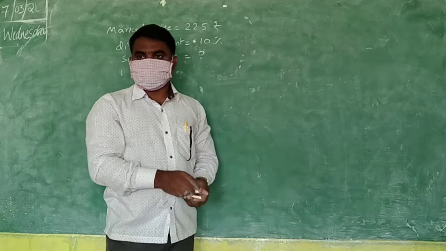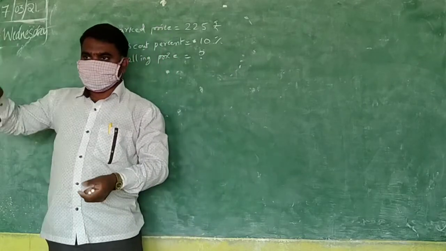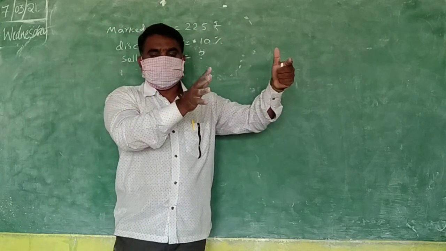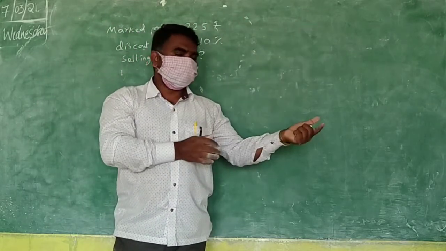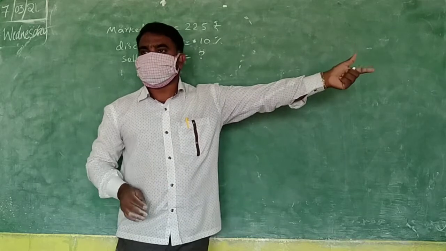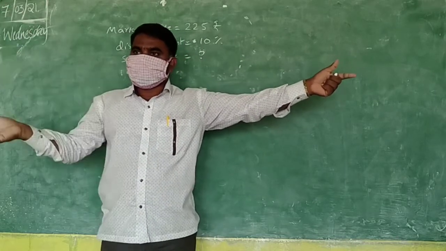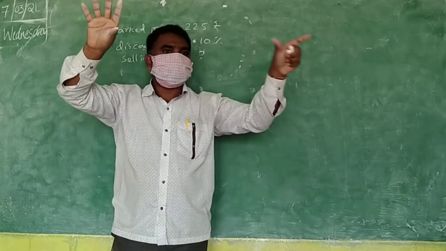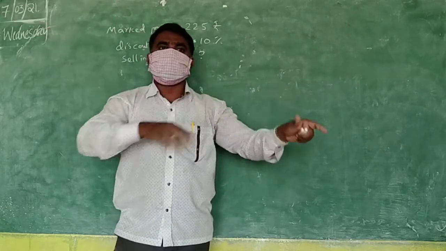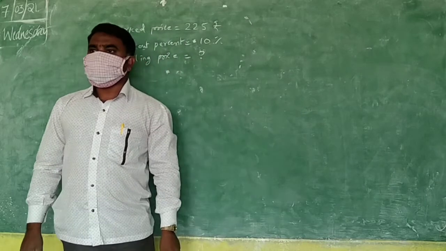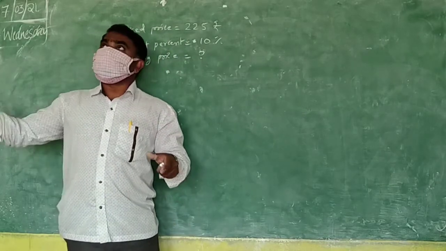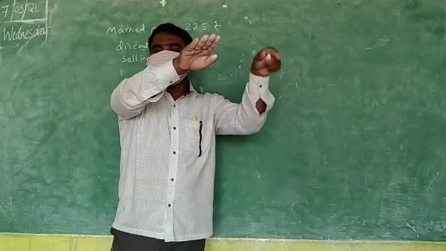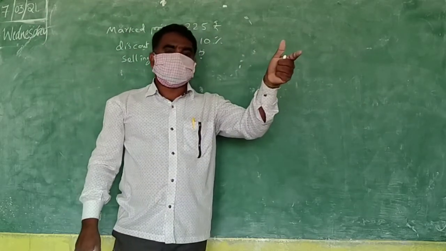But the order is as I said: cost price, then he takes something extra and marks it as market price, on that he gives some discount, then he sells it at the selling price. This is the process of the calculation.